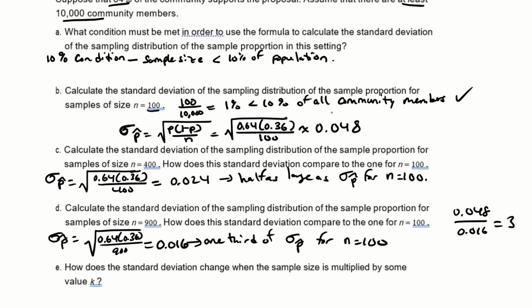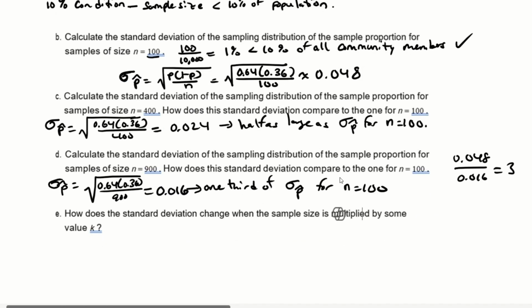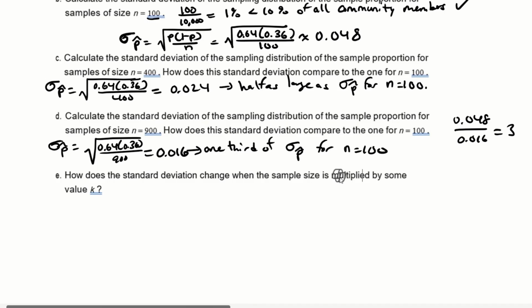So how does the standard deviation change when the sample size is multiplied by some value k? Well, in this example, when it was 400, it was 4 times 100.